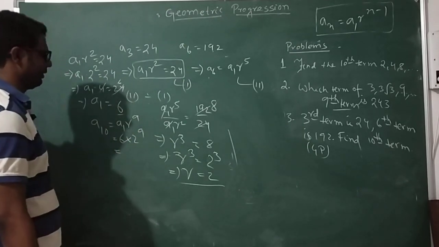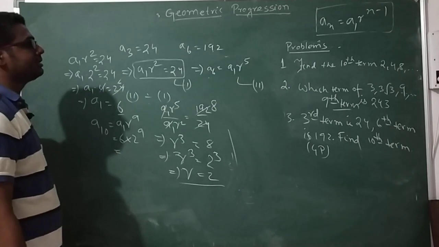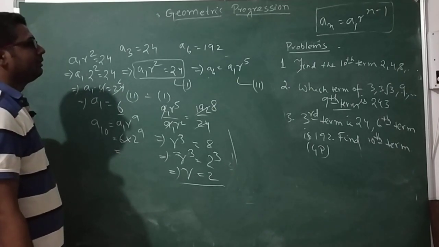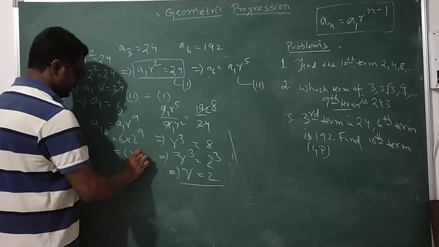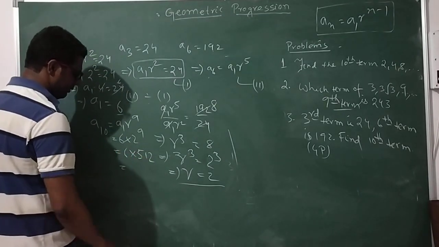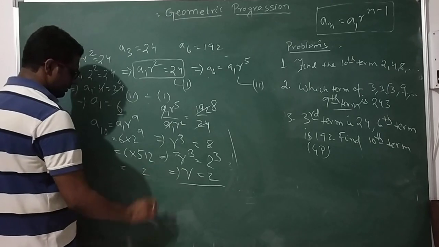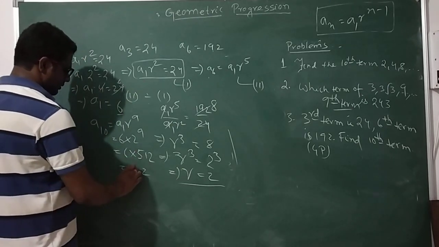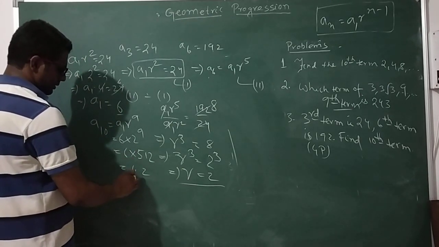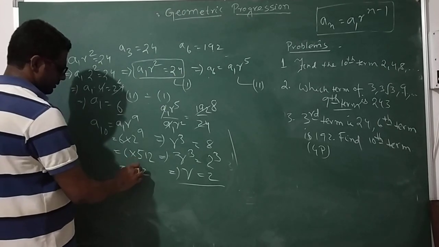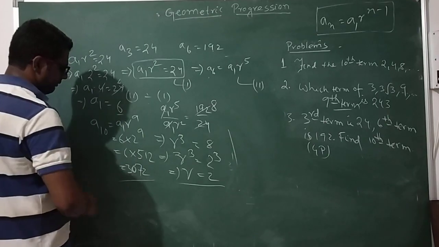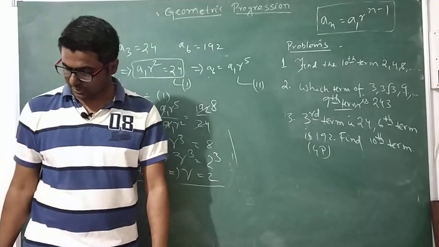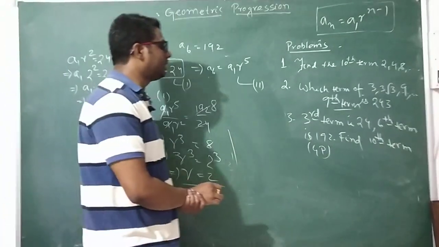I have to find out right now. 2 to the power 9 is 512. 6 into 512 will be equal to 3072. So that will be the answer. 3072, it has matched with the answer given in the book.